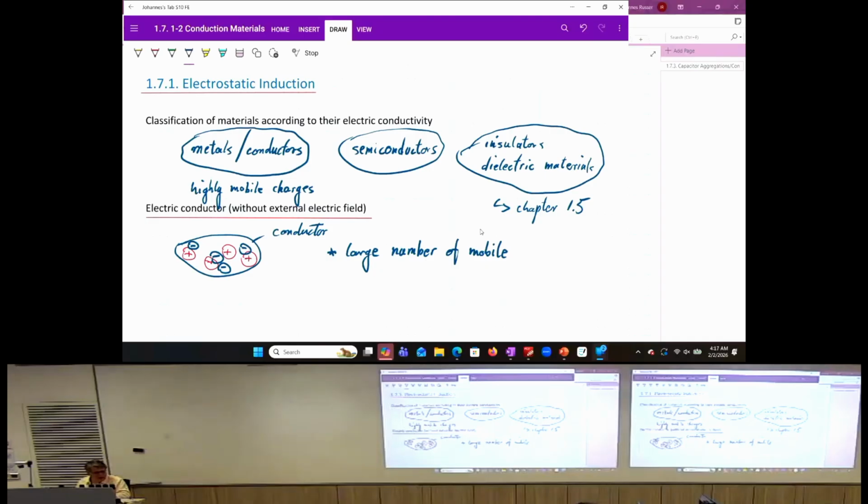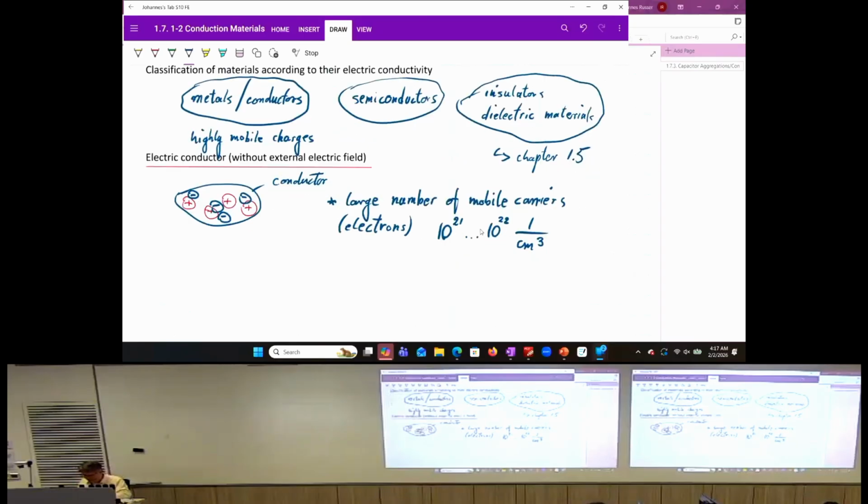In the conductor, on the other hand, you have a high number of mobile charge carriers, and these charge carriers are the electrons, so the negative elementary charges. We are talking about something like 10 to the 21 to 10 to the 22 per cubic centimeter.